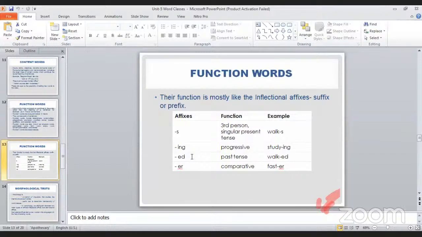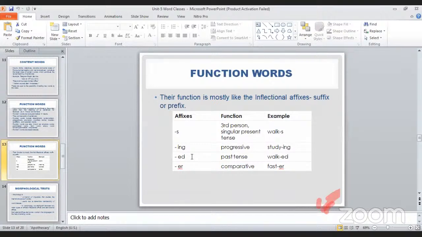Preponed means we are adding pre before the word poned. So it means the exam has been scheduled before time, not on the date that was given. Let's say I use the word postponed. That means it is happening at a later date. So these letters added in front, pre and post, are called prefixes. It is before the word. A suffix is the end of the word.